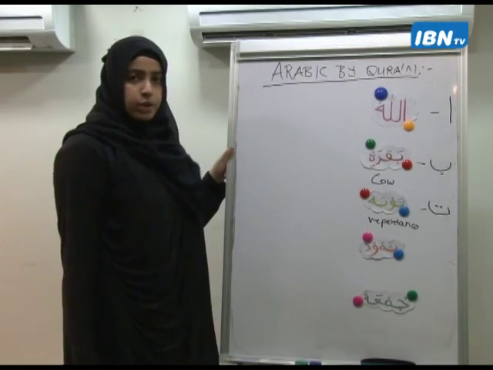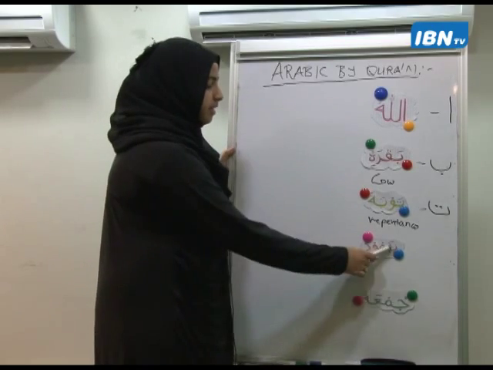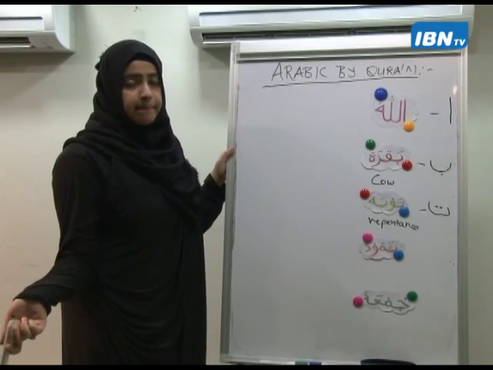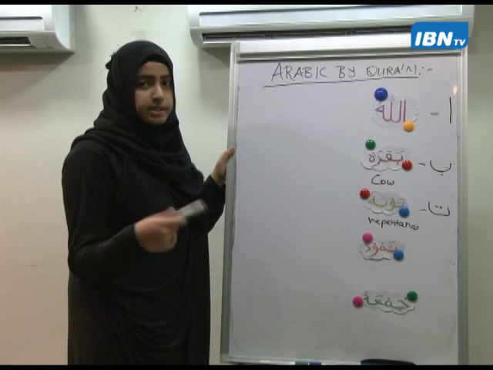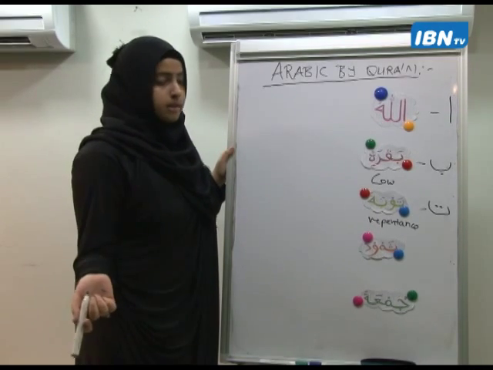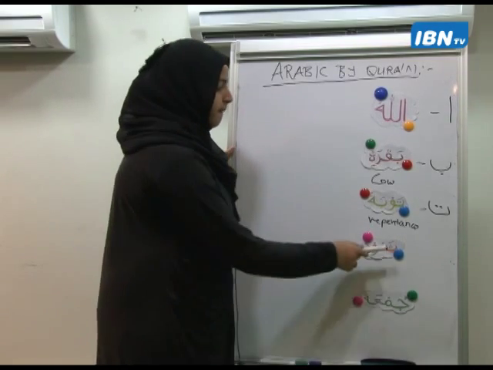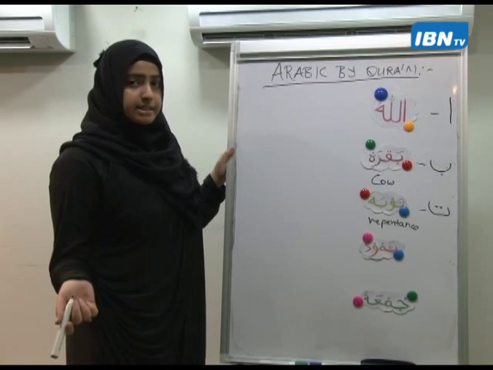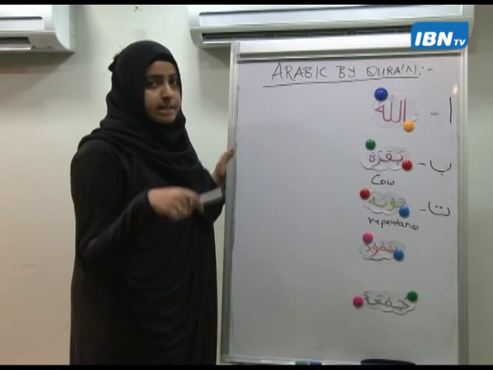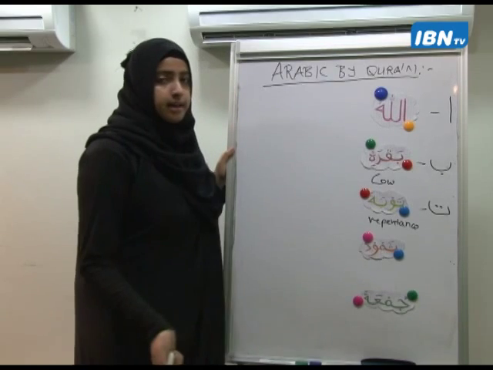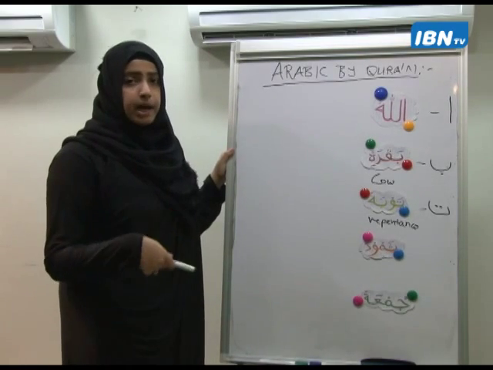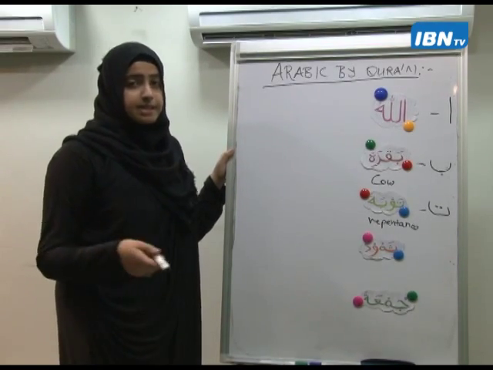Now again, you look at the jointings, right? Tha, is it separate or is it Muttasila, joint? Tha is a Muttasila, it is a joint. Mim is a Muttasila, joint. Waw again. What did we say about Waw? Waw was a Munfasila letter.